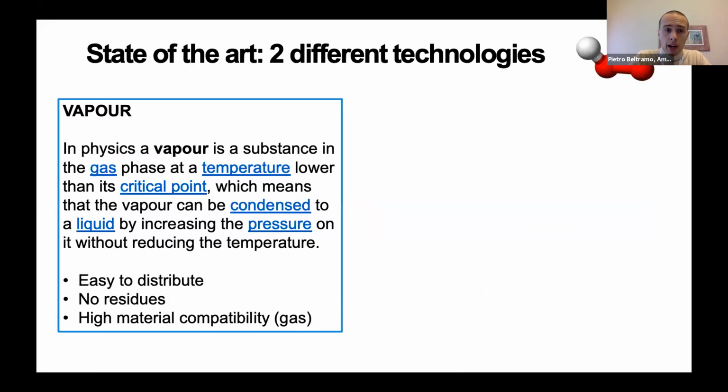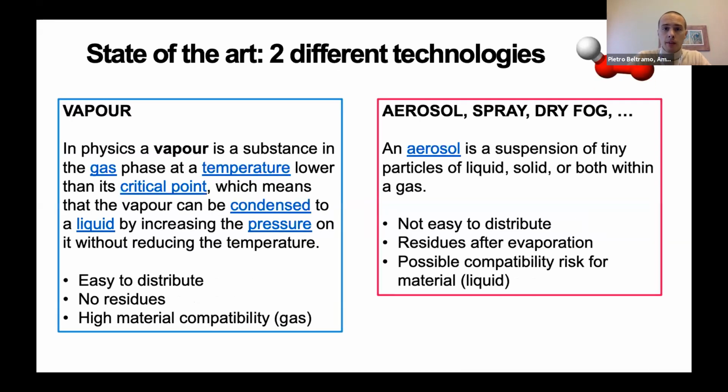So I would like to start from the book definition. Any physics book or any book that treats this kind of matter will give a different definition, but I made a summary which can help us better understand what we are talking about. So basically, what is a vapor?